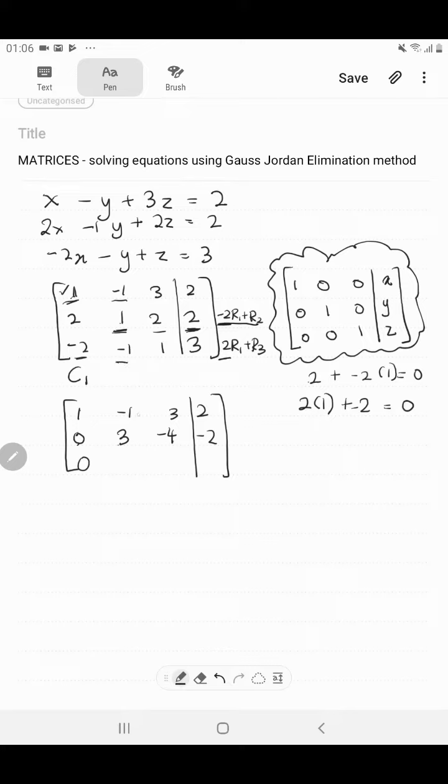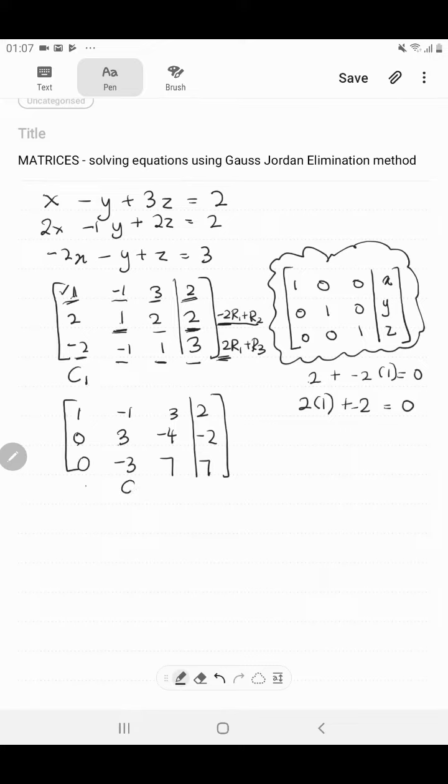We get negative 3, 2 times R1 plus R3. We will get 7, 2 times R1 plus R3. It's another 7. So column 1 is clean.